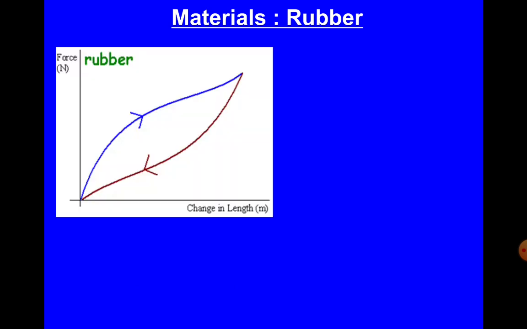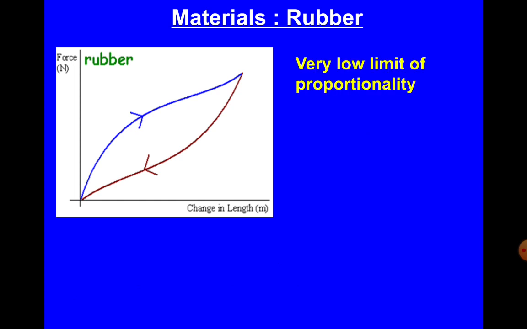However, when we look at rubber, it behaves in a completely different way. Rubber is really a material that can stretch easily, and we have tried it in the class and seen how much rubber can stretch. There is a very low limit of proportionality, that means following Hooke's law, because it's going to stretch already.